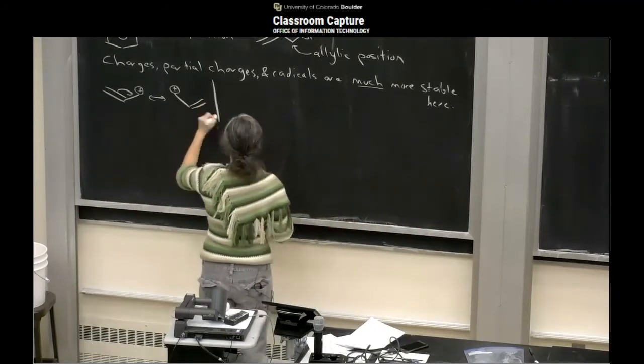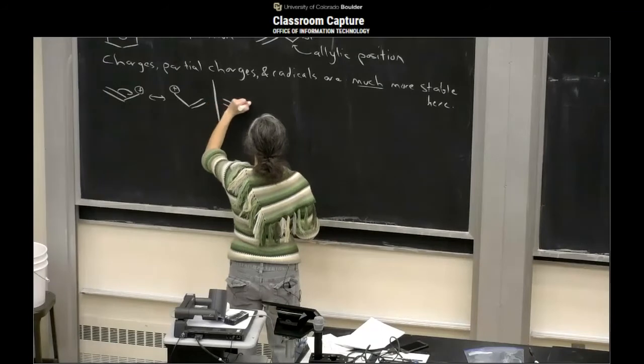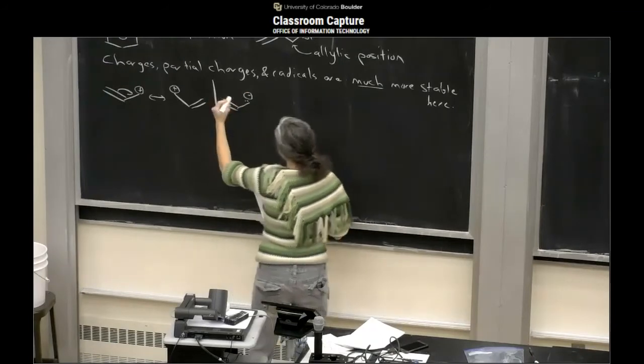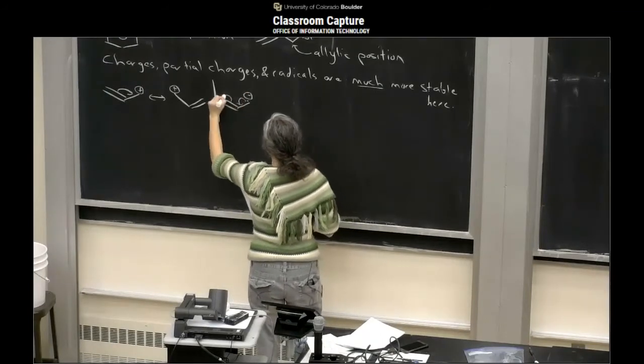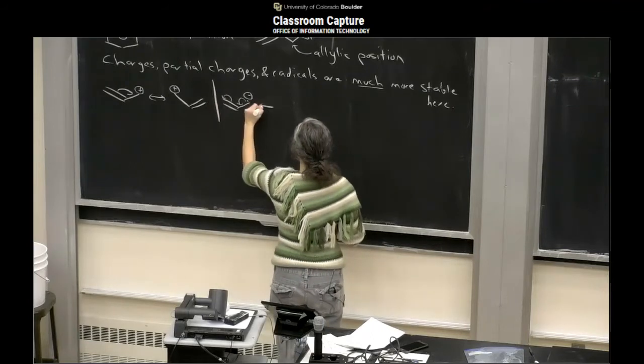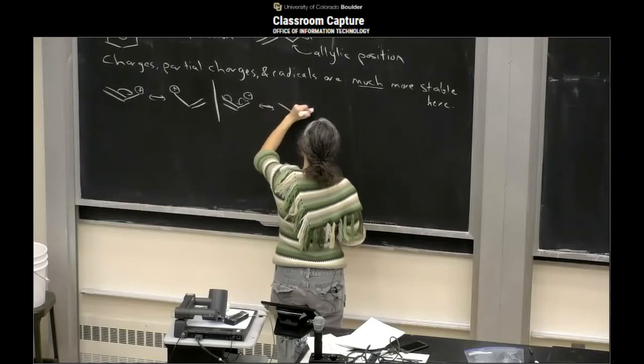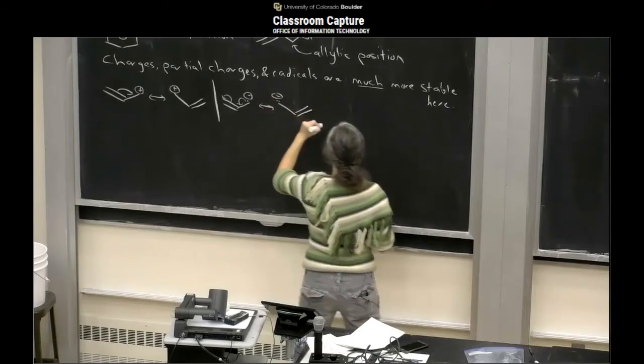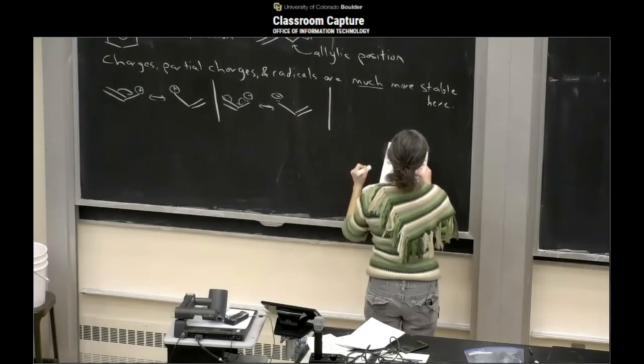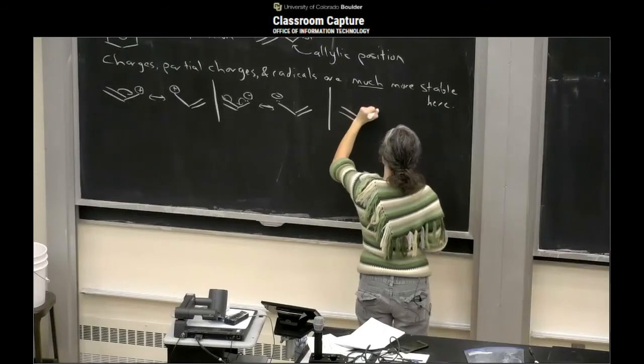So you can do that with a positive charge. You can do that with a negative charge. The arrow pushing looks different, but the end result is pretty much the same deal. So like that. Or you can do it with radicals.